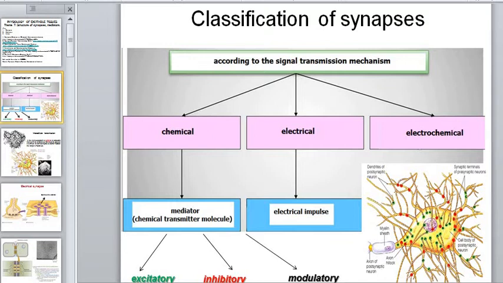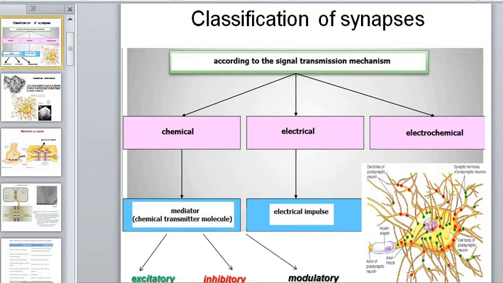I hope you know, in the nervous system, a synapse is a structure that permits a neuron or nerve cell to pass an electrical or chemical signal to another neuron or to the target effector cell. Neuron synapses can be chemical or electrical, and the majority are chemical.